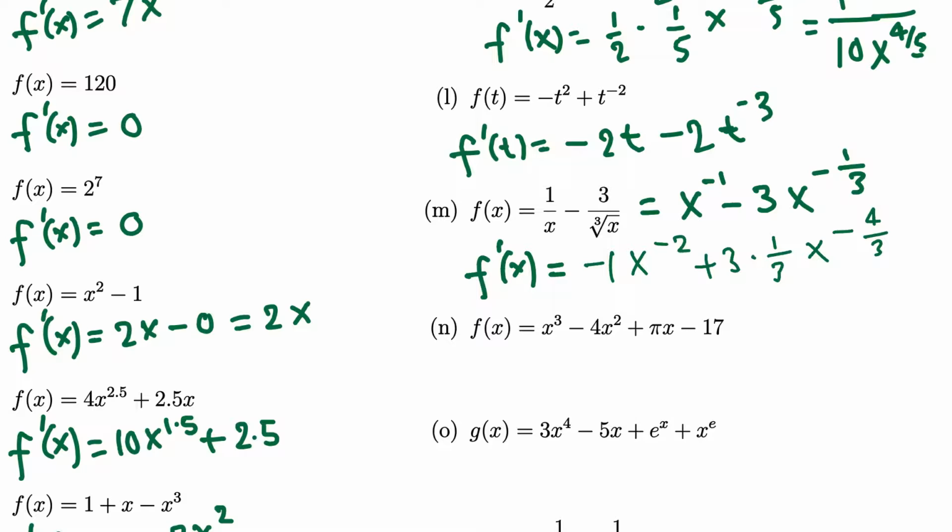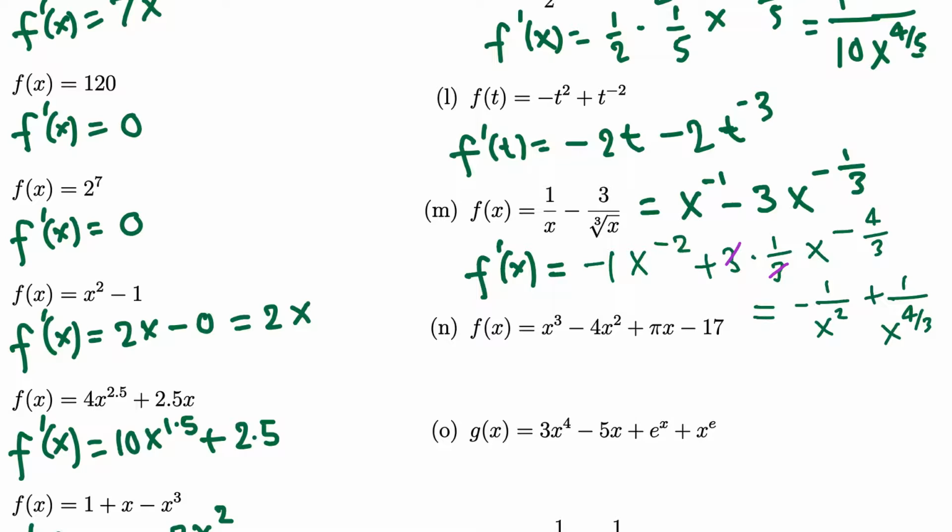If you want to simplify, no need to, but this can be simplified as negative x raised to negative 2, put on the bottom, so negative 1 over x squared. The 3 cancels here. Negative exponent, put on the bottom, plus 1 over x raised to 4/3.